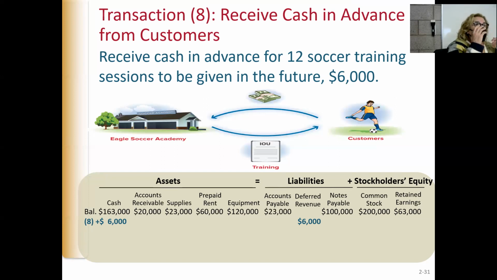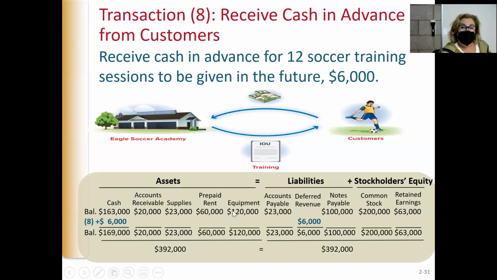We never show revenues until we truly have earned it, until we've completed the service. Before we complete the service, this is a liability to us because we have to do something for them. So our assets went up 6,000 and our liabilities also went up 6,000. But guys, do we still balance? We still balance, don't we?